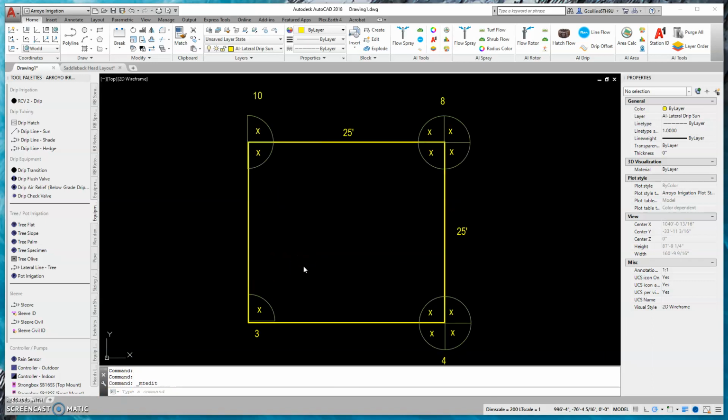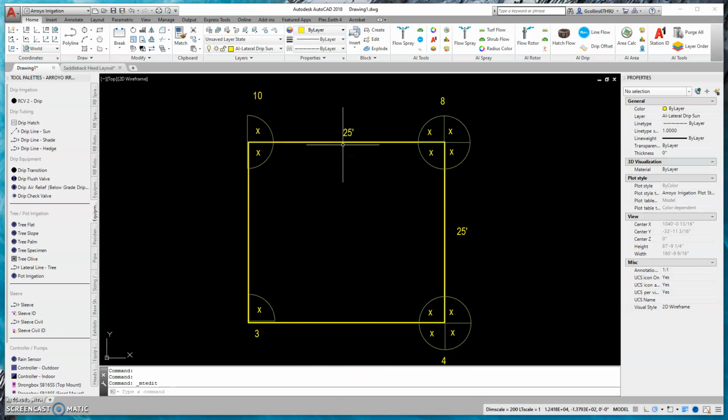Now to do a demonstration of precipitation rate for this 25-foot by 25-foot area, we're only concerned with the flow inside the box. So we have a full head, a quarter head, and a half head, with a 10 GPM nozzle, 8 GPM nozzle, 4 GPM nozzle, and 3 GPM nozzle.